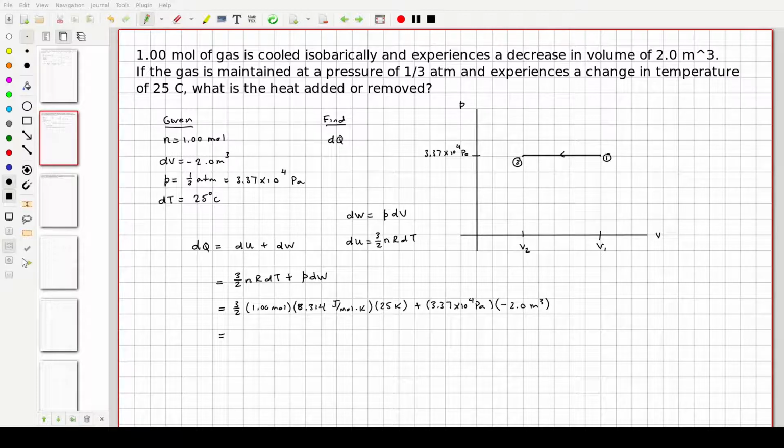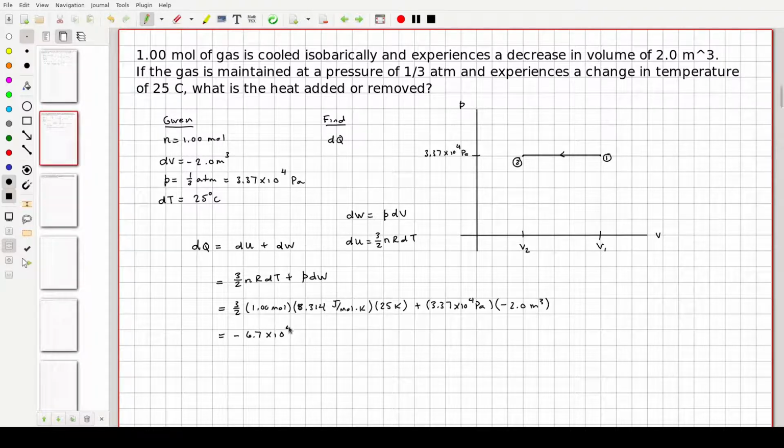And what I get here is a negative 6.7 times 10 to the 4th, sorry about that, not 10 to the minus 4th, 10 to the 4th rather.